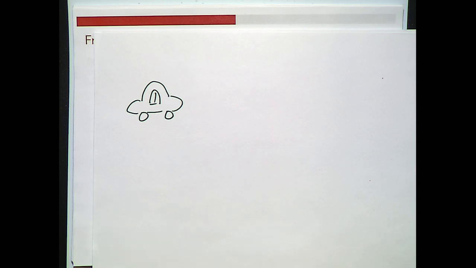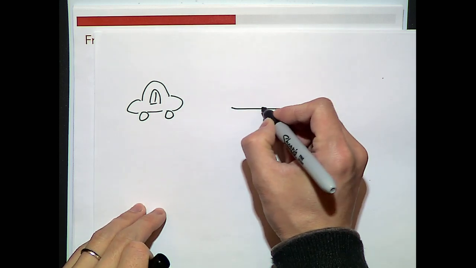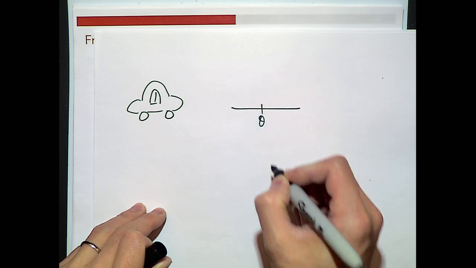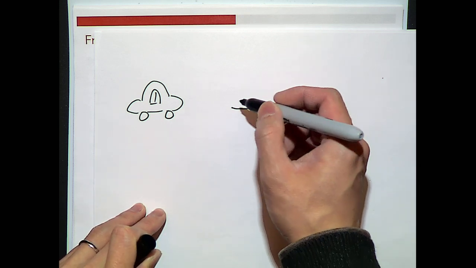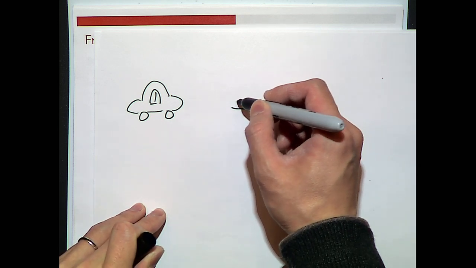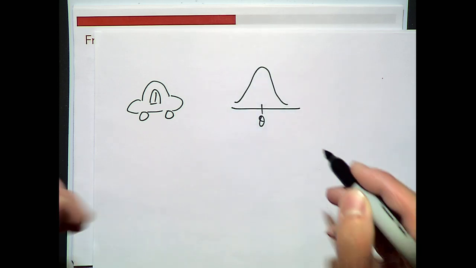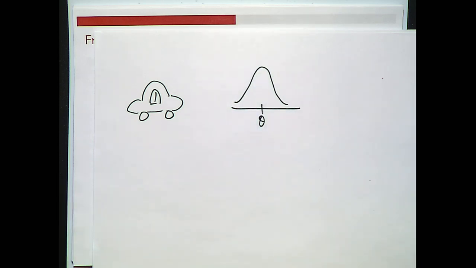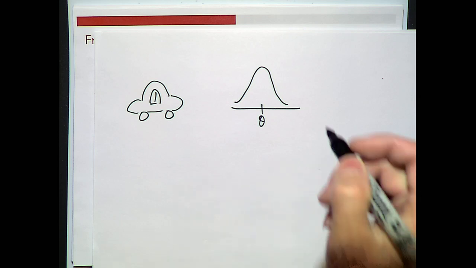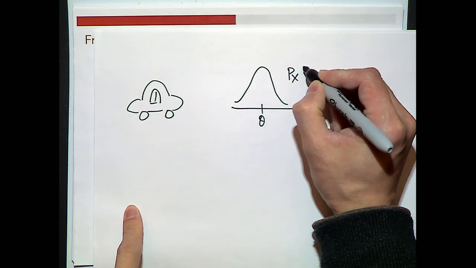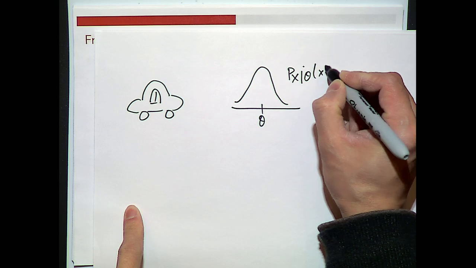Now there's certain uncertainty associated with that device, that radar. Suppose you are indeed at a theta. And then the radar will say that you have certain distribution. That is the measurement obtained by the radar. So that is p_x(x | theta), x given theta.